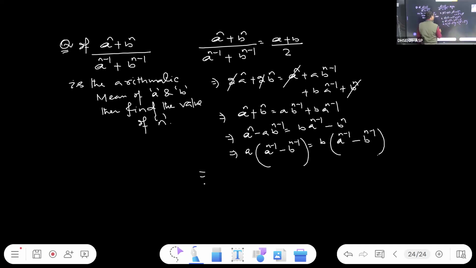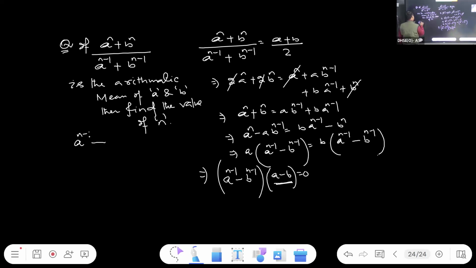Now you should bring this term into the left hand side and we will take A to the power n minus 1 minus B to the power n minus 1 as common. A to the power n minus 1 minus B to the power n minus 1 into A minus B is equal to 0. So A is not equal to B. So A to the power n minus 1 minus B to the power n minus 1 is equal to 0.